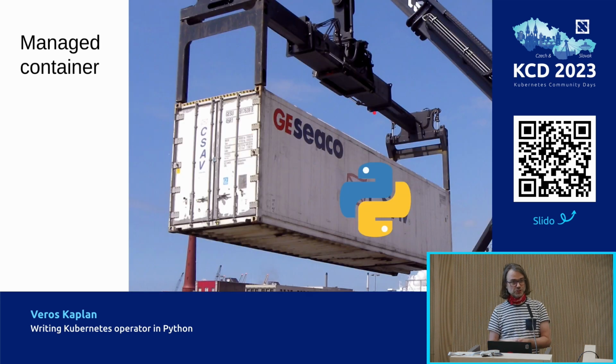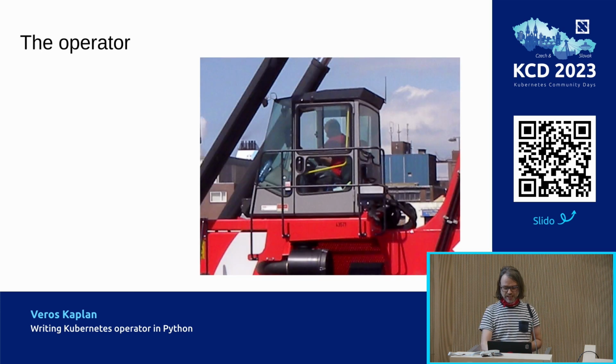This is a container which will be managed by Python, and to get the container running, I can do it either manually. I don't want to. We saw the YAML. Or we can hire the operator. The guy inside is the operator. Operator is somebody who is given a task: please do this, and he or it will do the tasks for us.